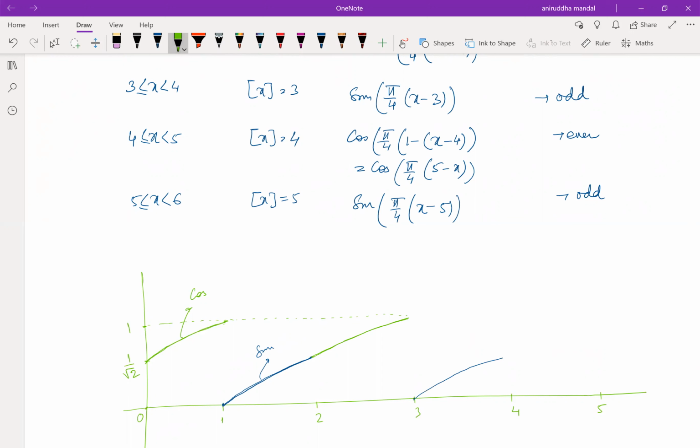So similarly, between 4 and 5, again cos function, so 4 is again cos pi by 4, it will start from here. Okay. So just wait a minute, and it will continue to 1. So this is the graph, it will follow.